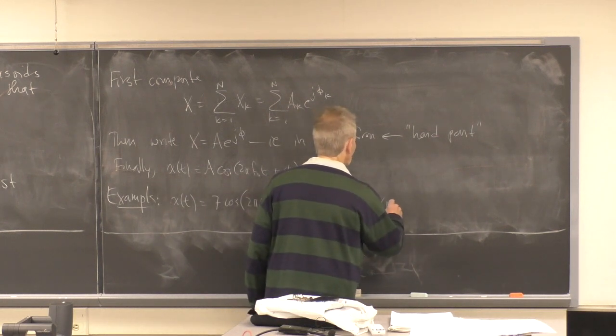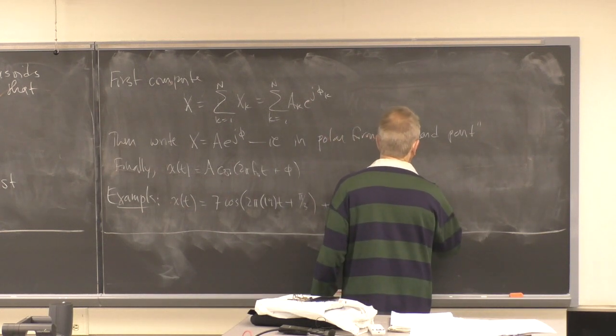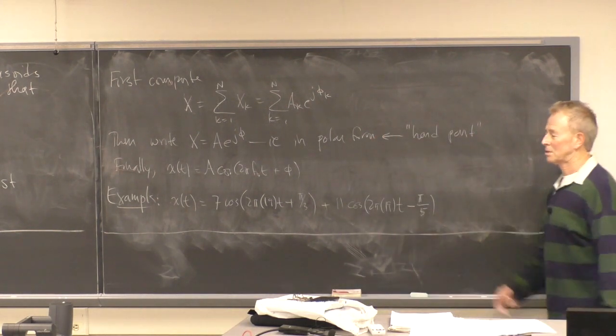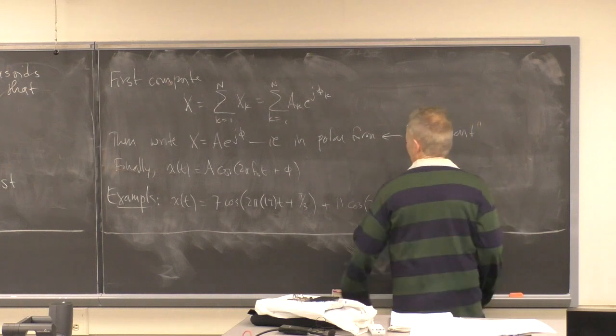Remember, they have to be the same frequency, so we have 19 in there, minus, say, pi over 5. How about that? Someone gives you that. It says, write this as A cosine 2 pi 19t plus phi. How do you do it?